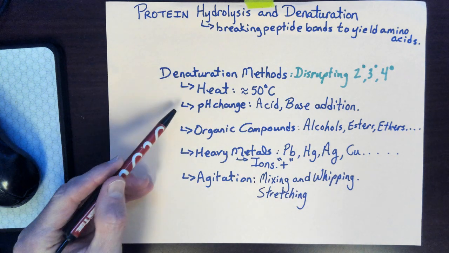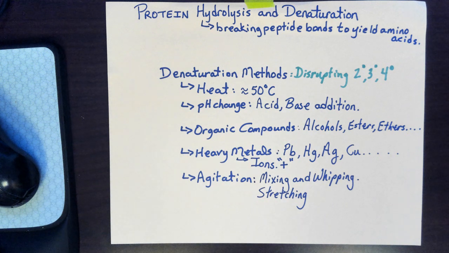pH change. If we change the pH of the protein's environment, we can do this by the addition of acids and bases. If we think back to amino acid classification, amino acid R groups can be classified as polar, non-polar. They can be classified additionally as neutral or acidic or basic.